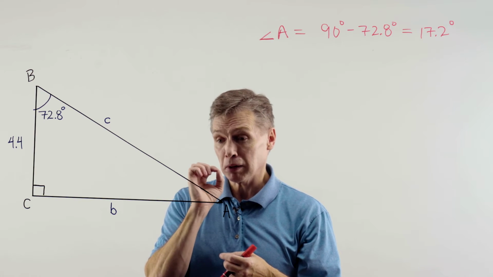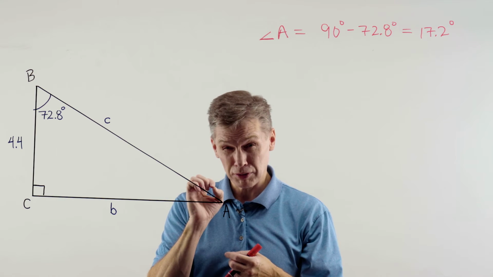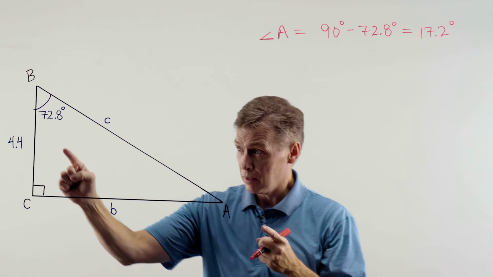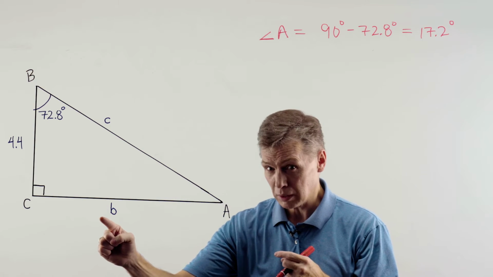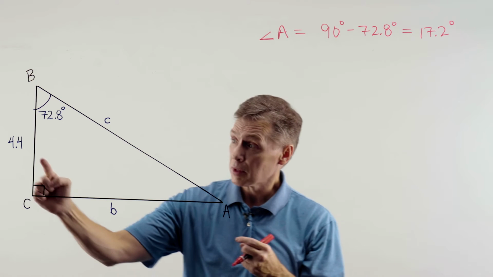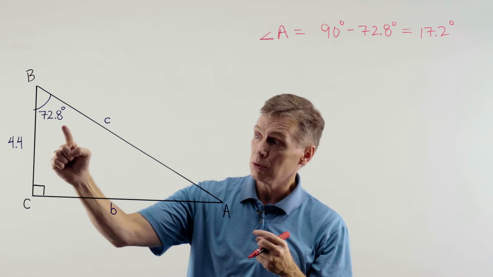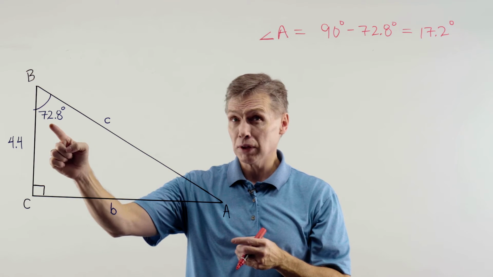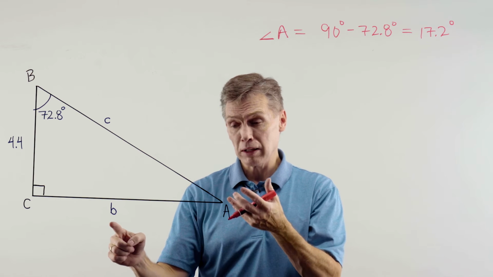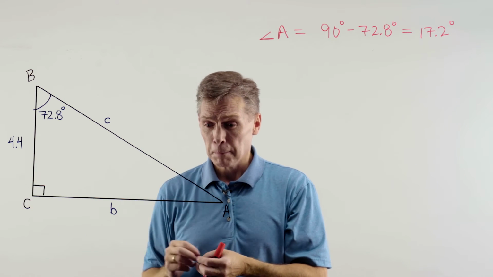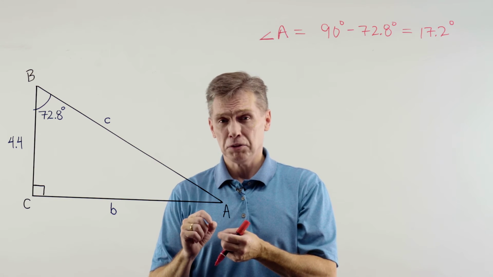And so what I'm going to try to use is a trig function that uses this angle and the side opposite, because that's the unknown that I'm trying to solve for, and also the side adjacent to that angle. So realizing in relation to that angle that I am now going to find the opposite side and I'm going to use the adjacent side, that sounds like tangent to me.